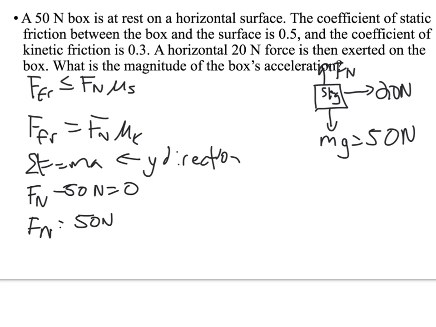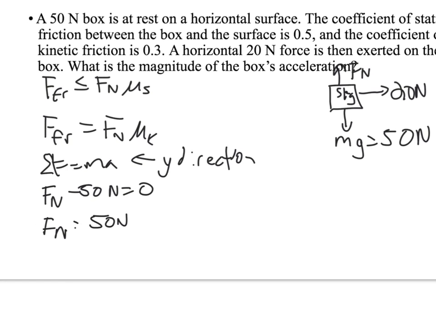So the first thing is to determine what the maximum value for static friction would be. If the force that I've applied is less than that maximum, my box is not going to accelerate. The maximum for static friction is where the force of friction is equal to the normal force times mu sub s. This is my maximum, so I'm going to look for that number.